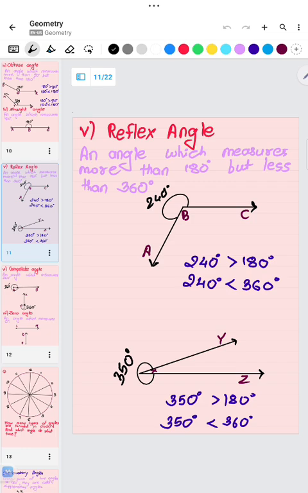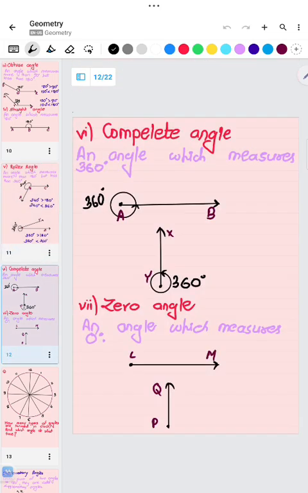Simply it is reflex angle. And second example, 350 degree. Okay, 350 degree is more than 180 degree but less than 360 degree. Okay, it is also reflex angle.